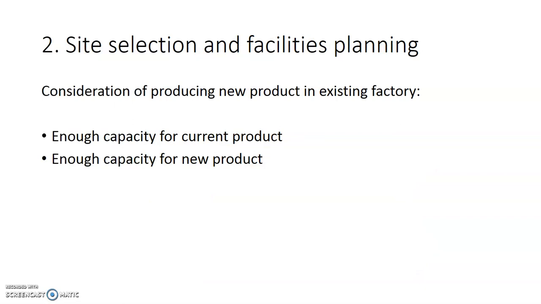The second one is site selection and facilities planning. You need to consider, if you would like to produce a new product in an existing factory, whether that existing factory has enough capacity for the current product and for the new products.